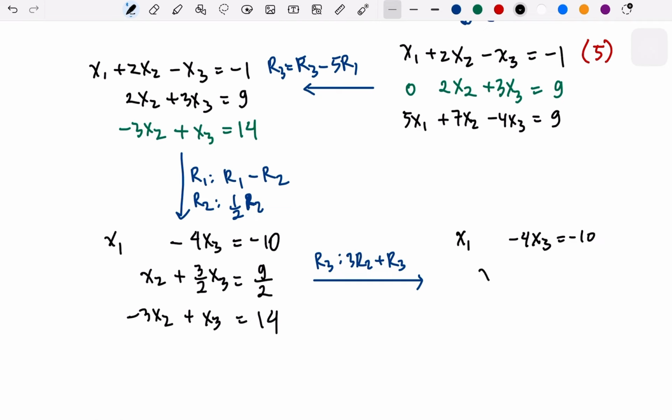And the second one is still the same. Just keep it as it is. And then the third one, we're going to plus these two. So 3x2 minus 3x2 is 0. And then 9 over 2 plus 2 over 2 is 11 over 2, x3.